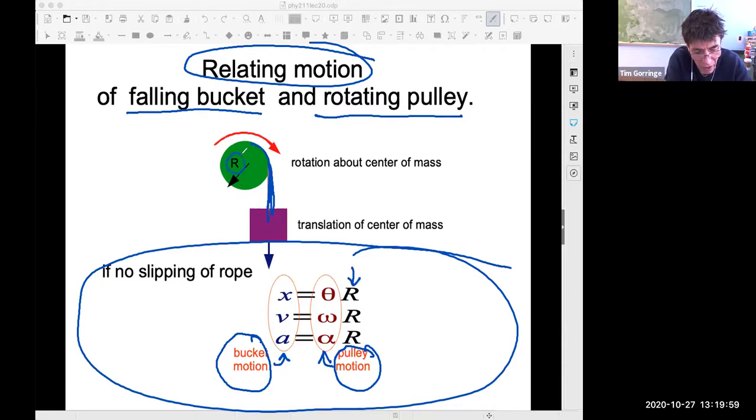So this R is the radius of the pulley, and that determines the relationship between the linear coordinates describing the translational motion of the bucket and the rotational coordinates describing the rotational motion of the pulley. So that's really important, and we need this. This is super important. We need this to solve this problem because it connects for us the rotational and translational motion. Let me go on to the next slide.